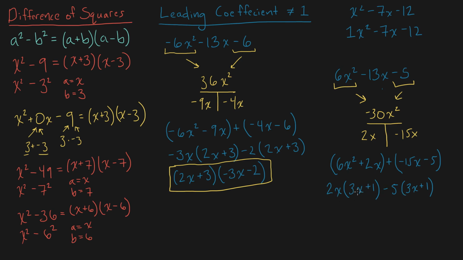And now I can factor the 3x plus 1 out of this entire expression so that it becomes 3x plus 1 times 2x subtract 5. And that is the factored form of this expression here. And if we wanted to check our work on either of these, then we could use each by each or FOIL and distribute out to double check that we got back to where we began.